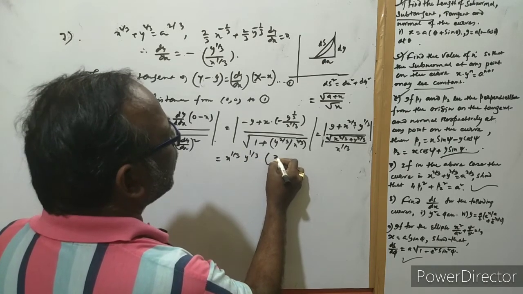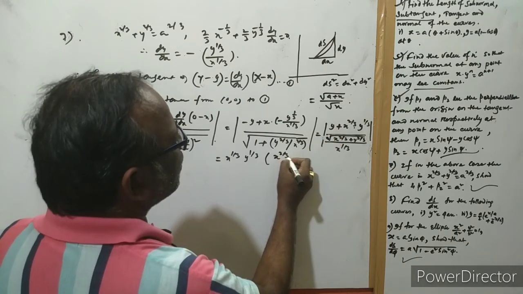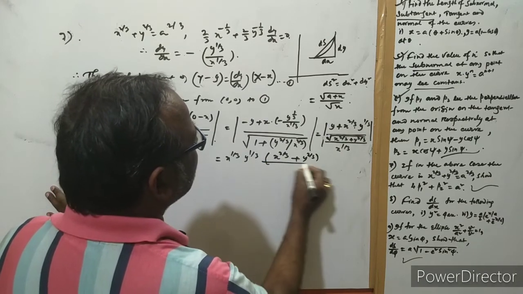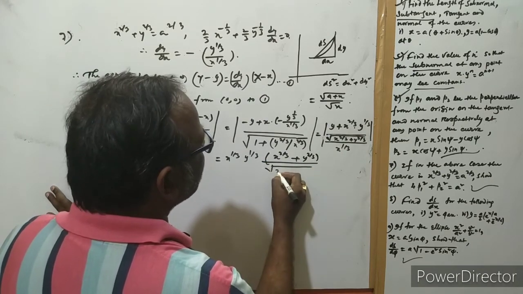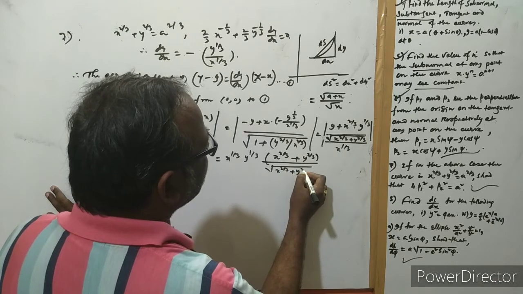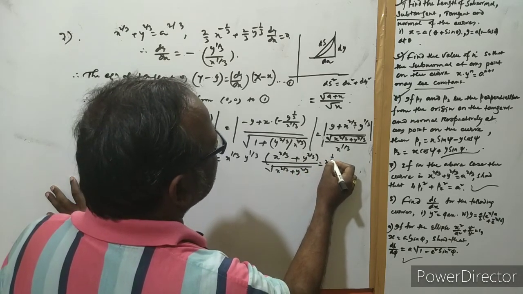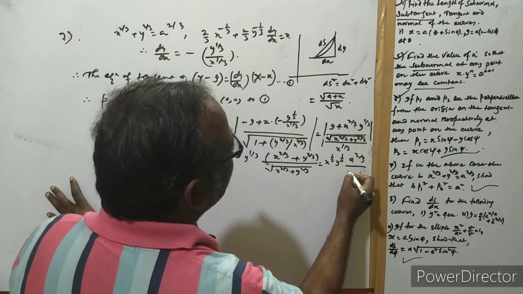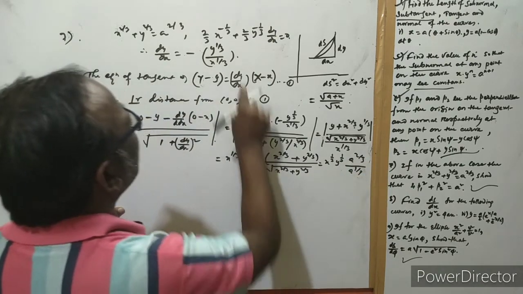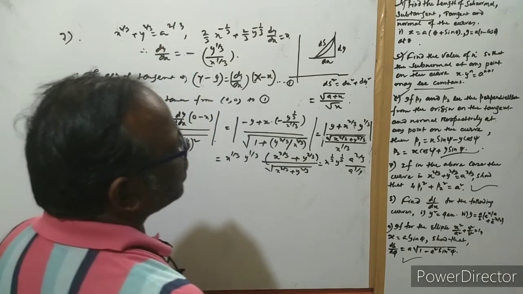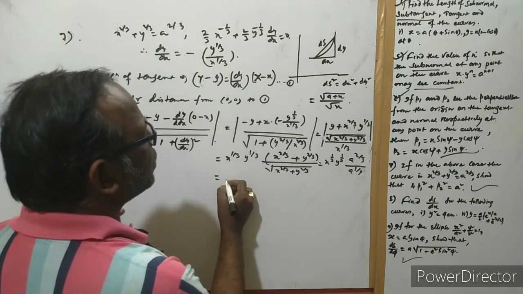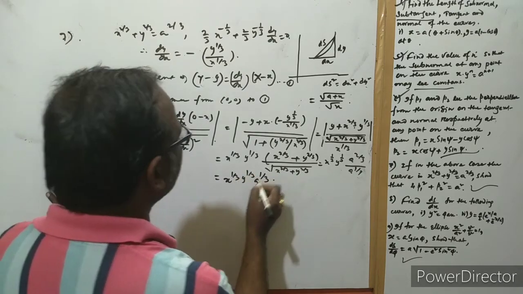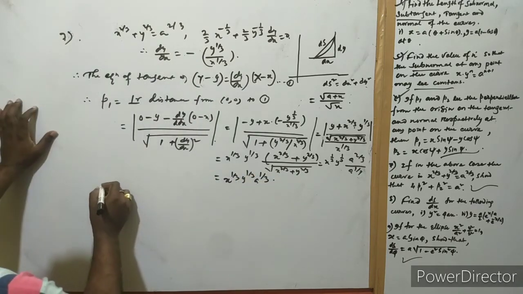Then after x to the power 2/3 and y to the power 2/3, over root of x to the power 2/3 and y to the power 2/3, that is x1 to the power 1/3, y1 to the power 1/3. This is a to the power 2/3 by a to the power 1/3. If we put the value of this, 2/3, then we get x to the power 1/3, y to the power 1/3 and a to the power 1/3. Okay, now P2.